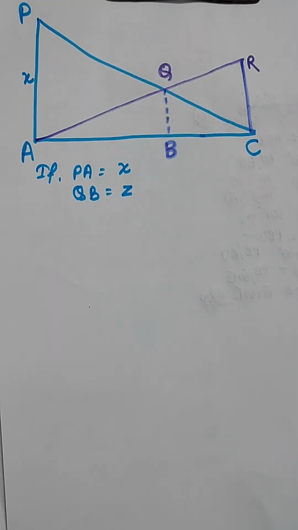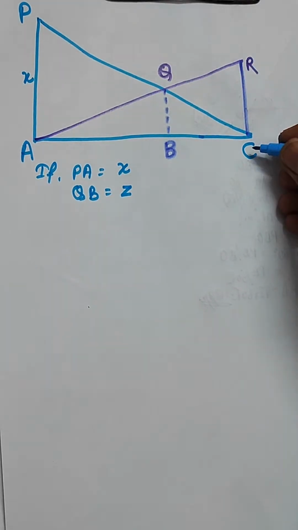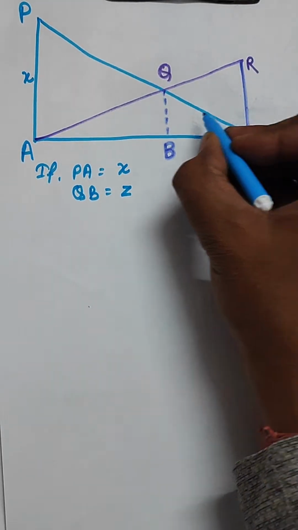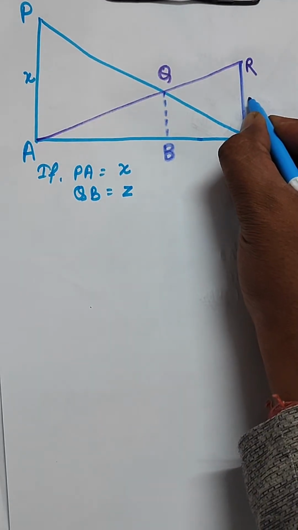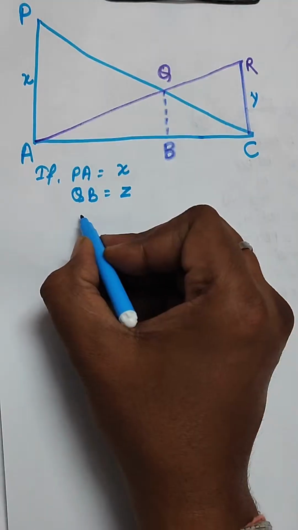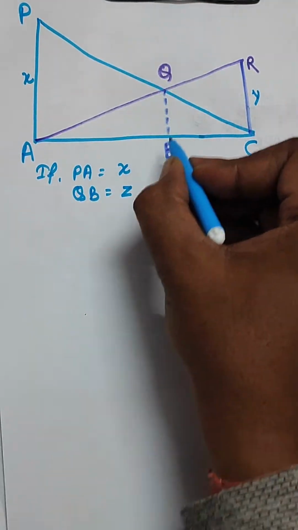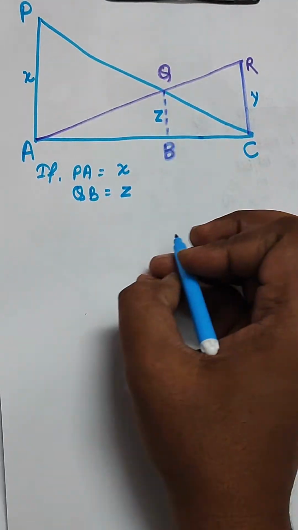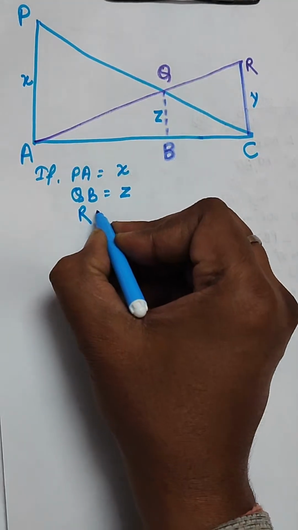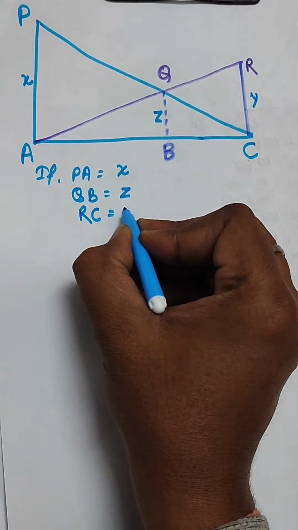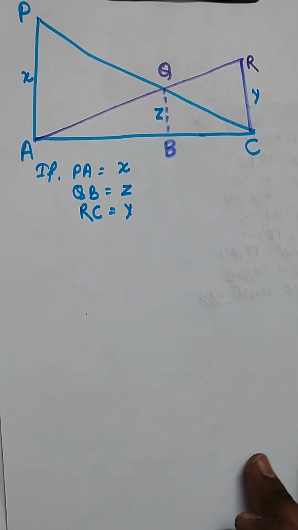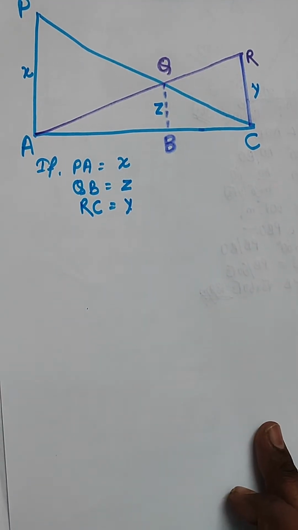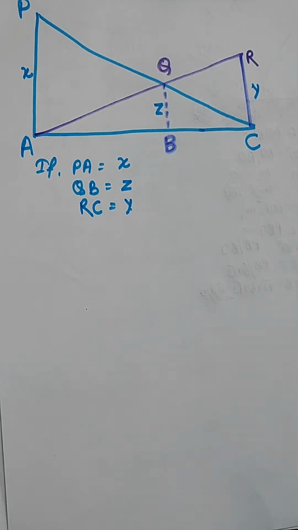And RC is equal to Y, this length is equal to Y. QB is Z, and RC is Y. So my dear friends, into this question we need to prove that 1 by X.